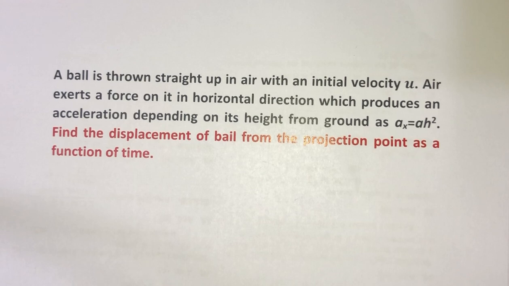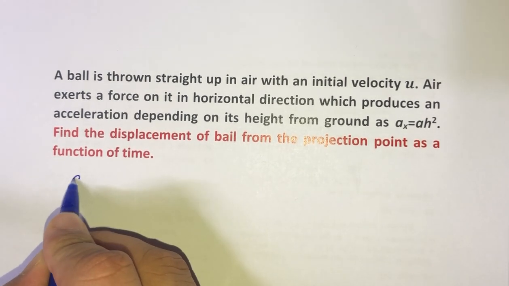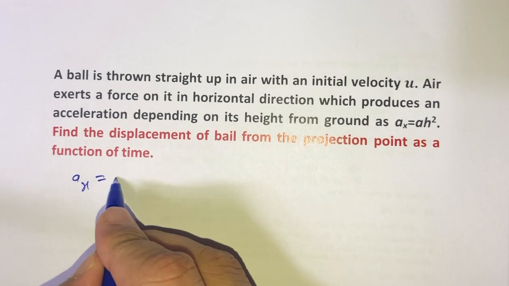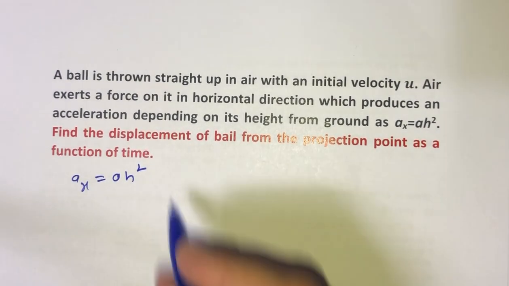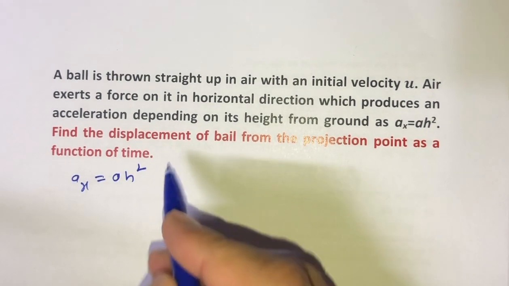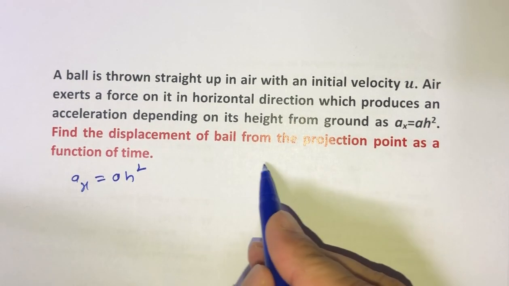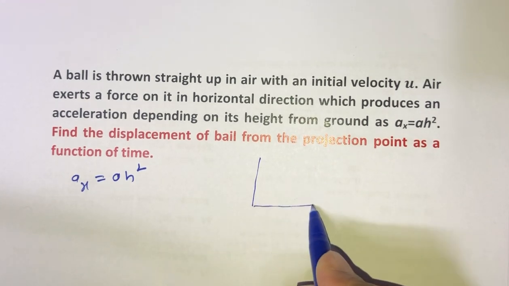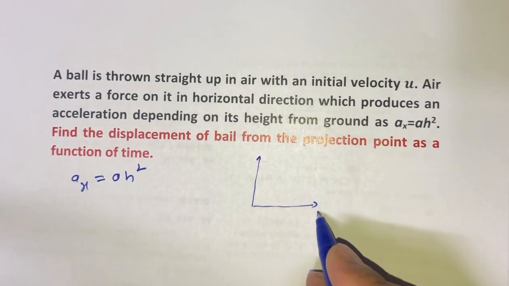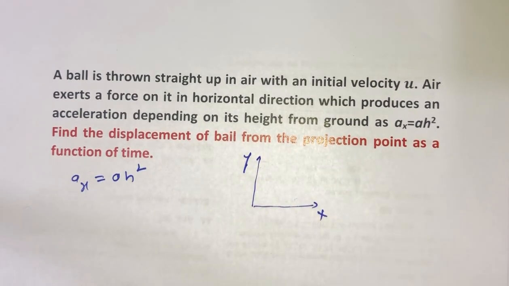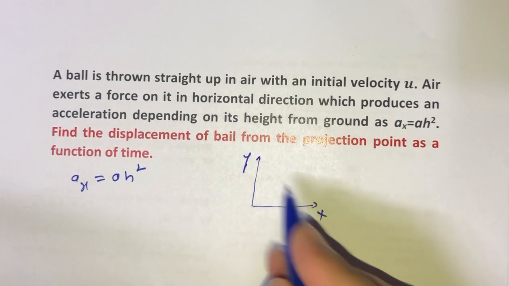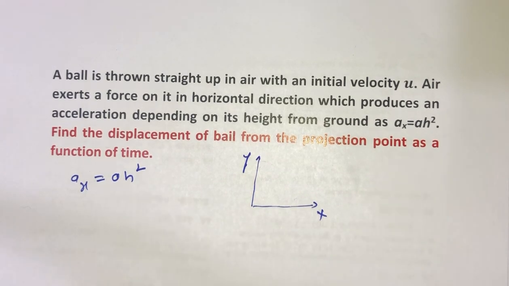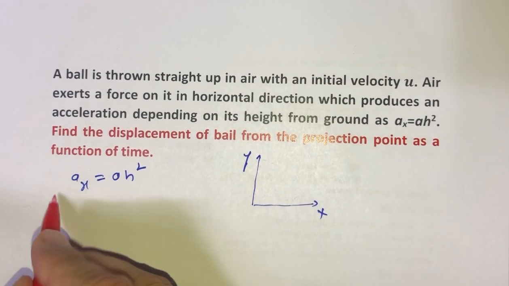In this case, it is given that acceleration in x direction, that is a of x, is equal to a h square, and let us suppose that this is the x direction and y direction, and h is a function of height, so we can say that h is a function of y.